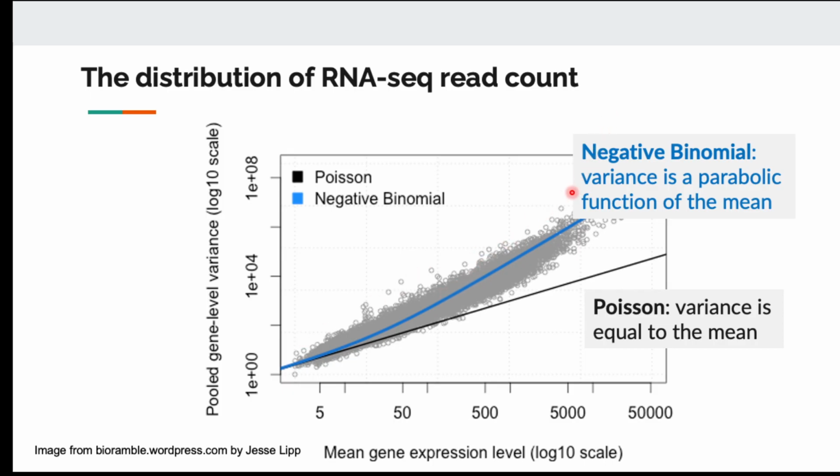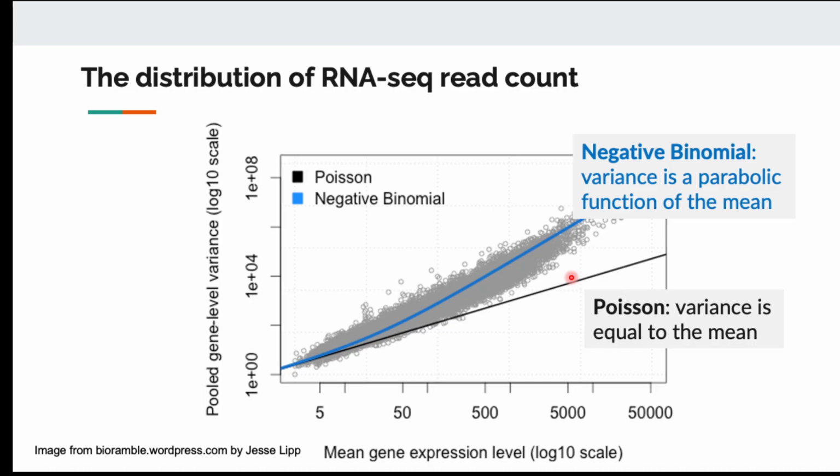So people thought, what distribution has a variance that is a parabolic function of the mean? And it turns out negative binomial has that property. So let's look at that. When they try to fit the negative binomial, it doesn't fit perfectly, but it captures the trend that the variance is growing faster than the mean, much better than Poisson.